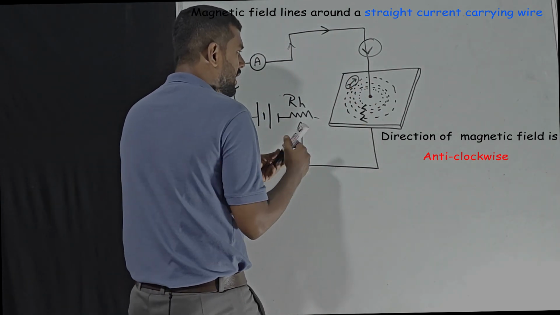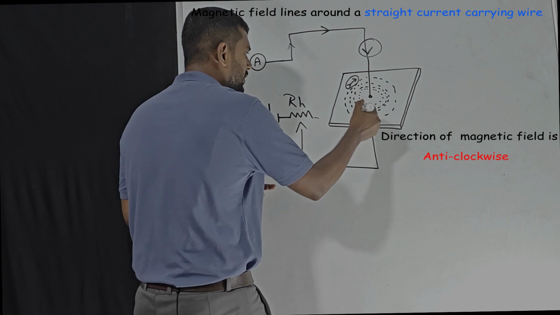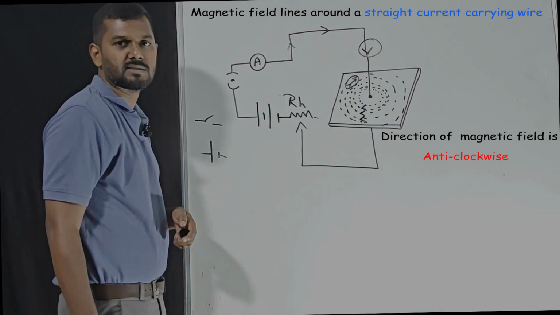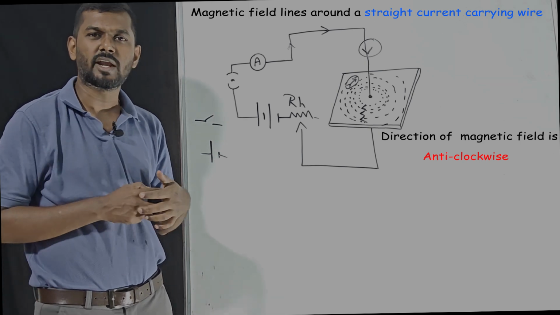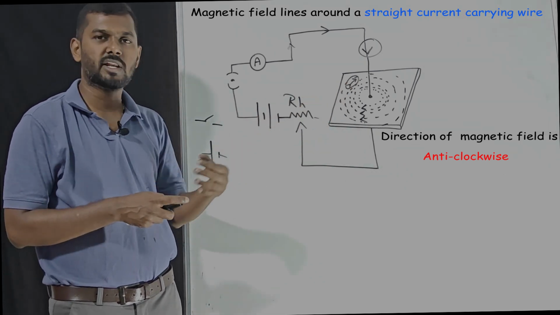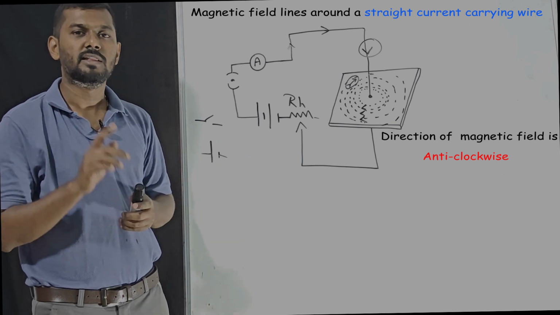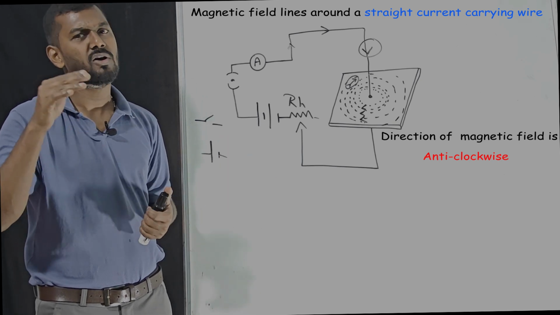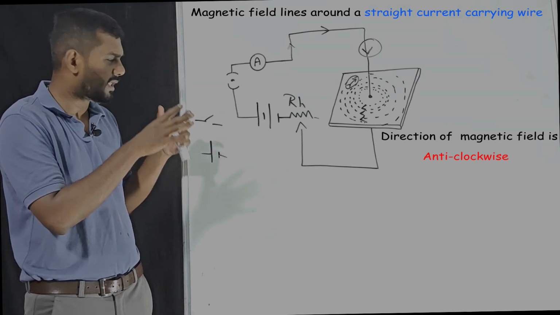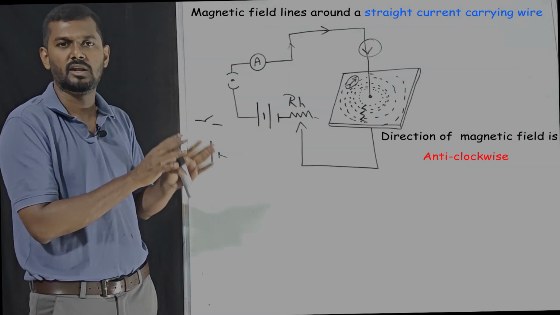The iron filings will arrange themselves and grow in size. You can write it as it becomes denser, or as the diameter of the concentric circles increases. That shows us the magnetic field also increases. This is a very simple experiment, as it is there in the textbook.